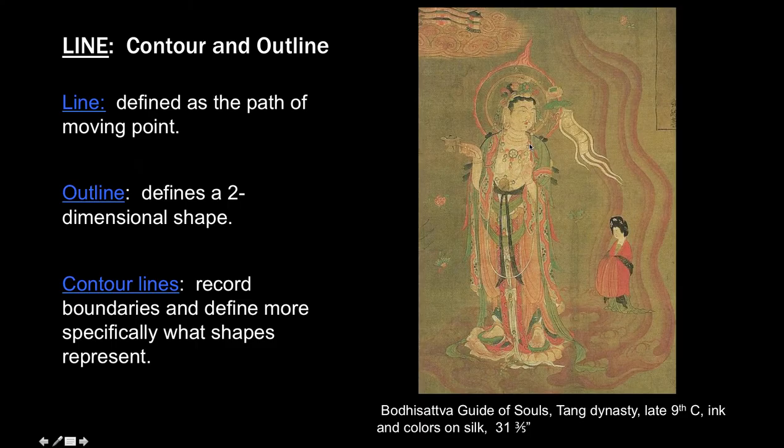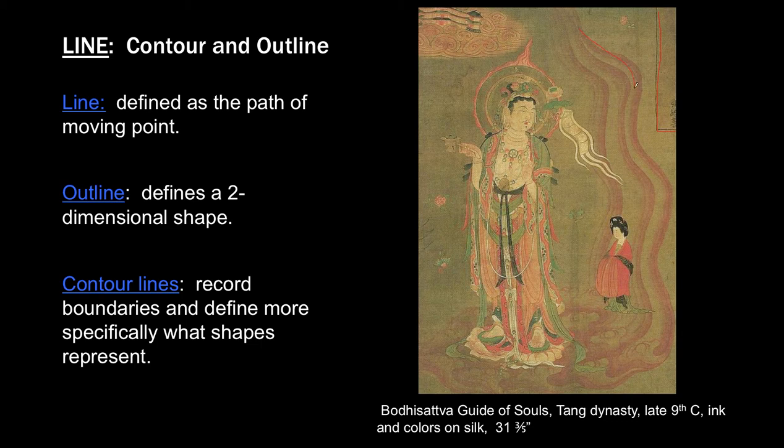We're going to start with line. That's pretty basic. Line is the path of a moving point. Outline defines a two-dimensional shape. Contour lines record boundaries and define more specifically what shapes represent. In this particular piece, we have outline, which is over here, which separates the text from this image.